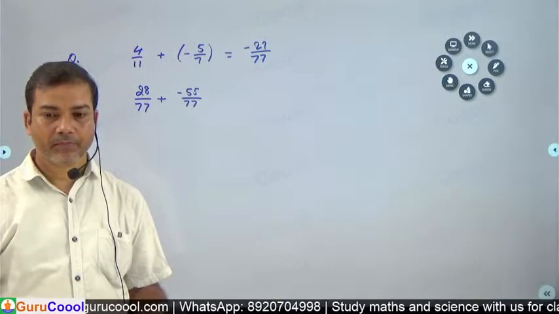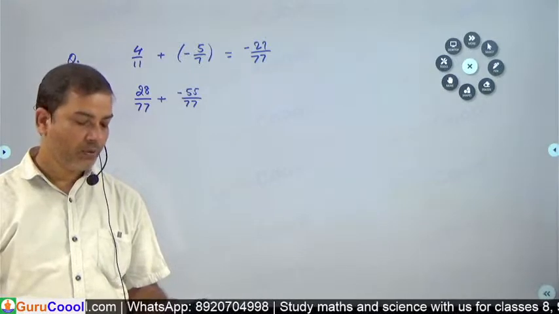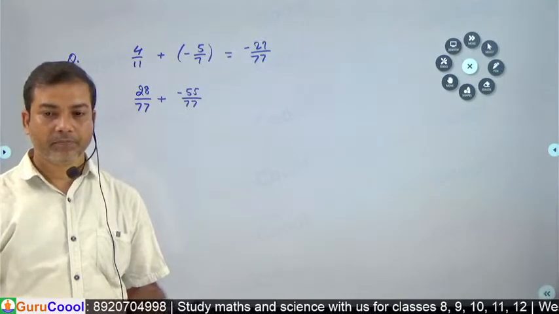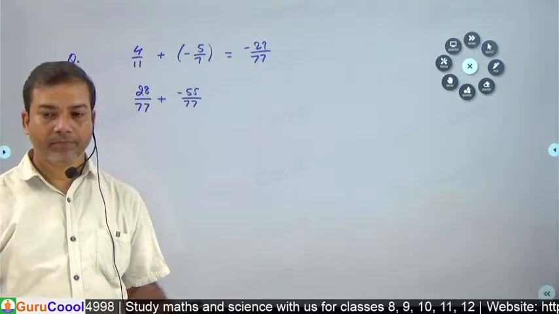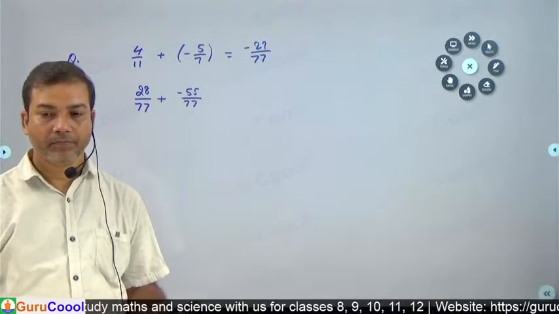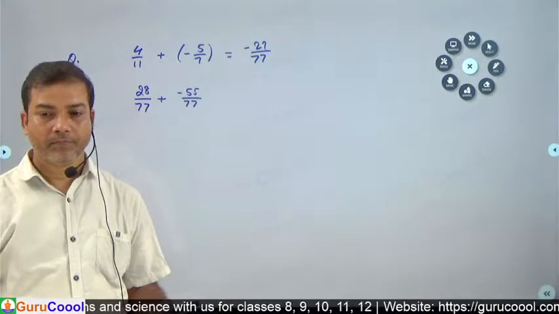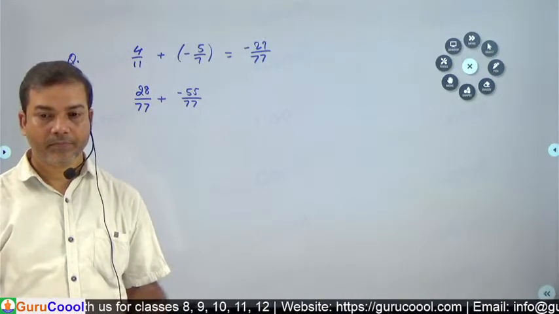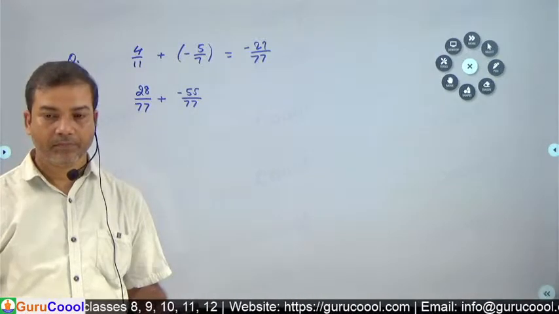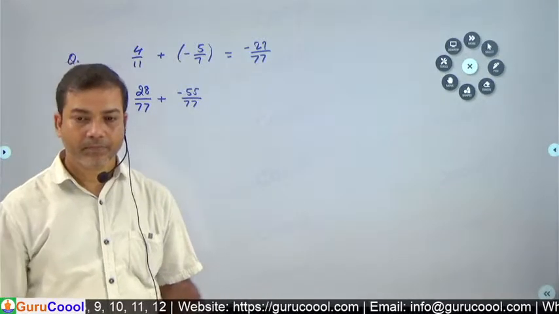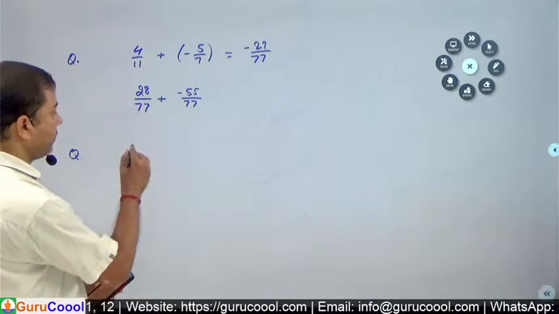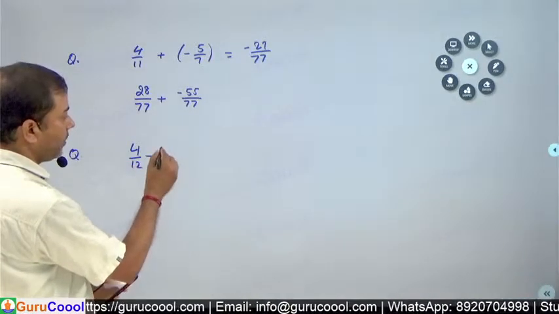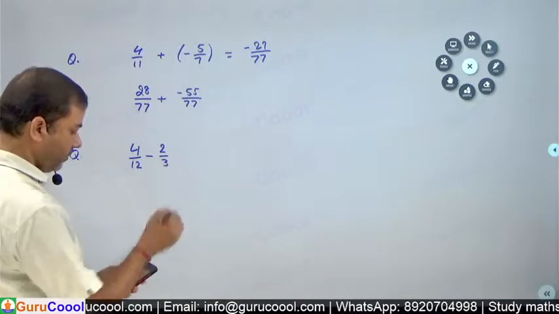What's the question again, sir? The question is 4 by 12 minus 2 by 3. It's minus 1 by 3, sir. 4 by 12 minus 2 by 3.